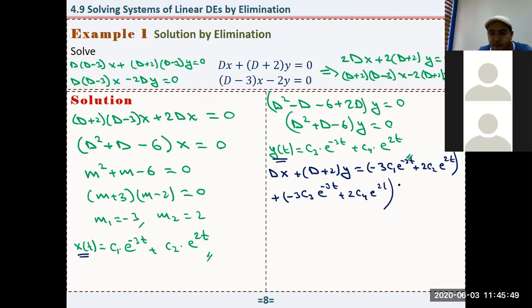Okay. Now here we have plus 2y. So here we have plus 2 times y. What is y? Y equals this. So here we have c sub 3 e to the power minus 3t plus c sub 4 e to the power 2t. Okay. Now if you just simplify this, on the right hand side we have 0.